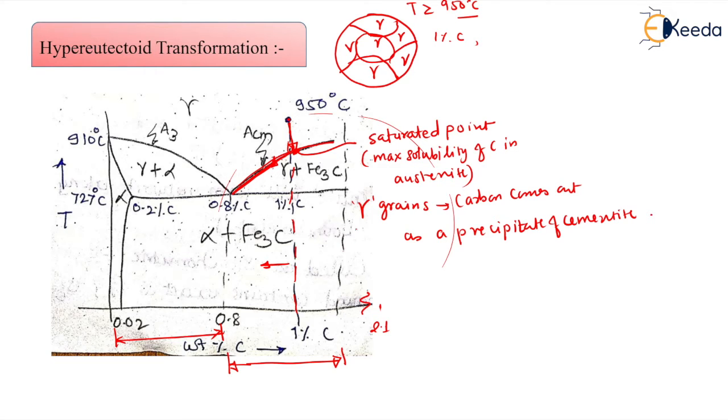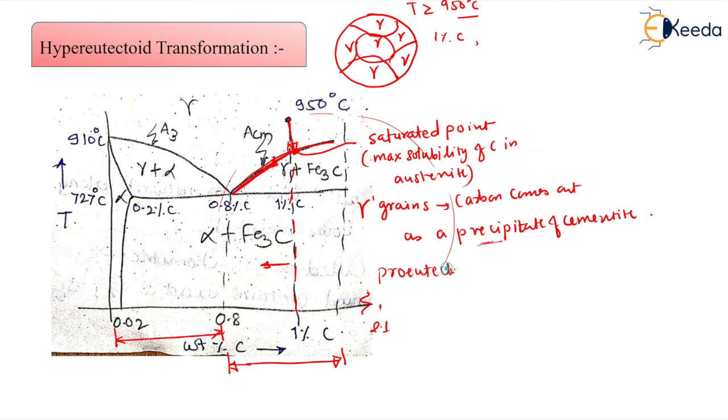Because as you come down this line, the carbon percentage decreases, the carbon in the gamma grains comes out as a precipitate of cementite. This will lead to the formation of the pro-eutectoid cementite.